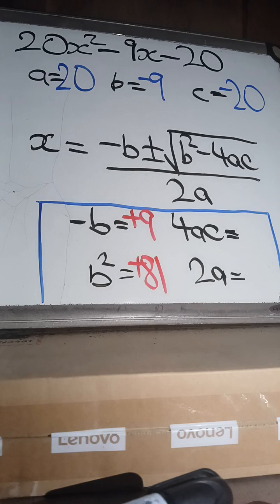So 400 is AC. To get 2AC, we add 400 to 400, so that's going to be 800. If we want to get 4AC, we add 800 to 800. So that's going to be 1600.